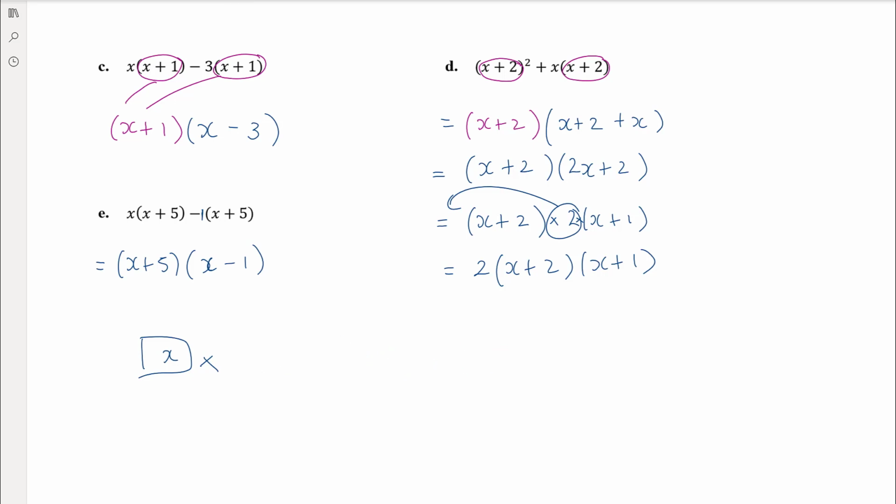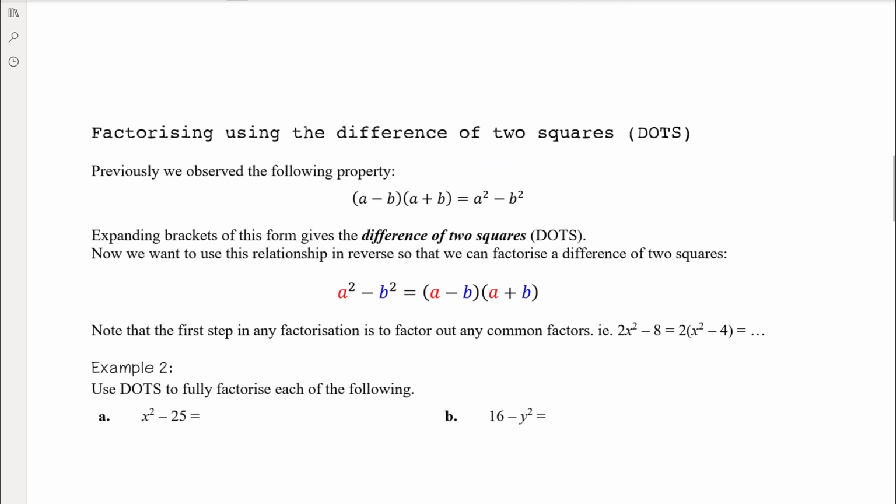But it's got to be things multiplying together to be factorised. And each of those things being multiplied together shouldn't have any further common factors. Like what we saw in part D here, there was a common factor of 2 once we had factorised, and so we then needed to go a step further and take that 2 out. So it's common factors.